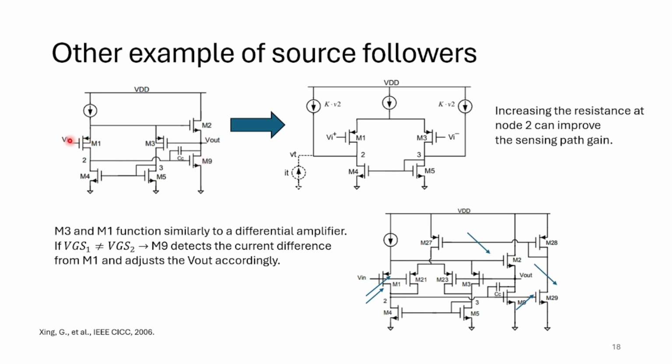If this goes down, it generates a current, and the current from here brings the output down, so the gate-source voltages always stay equal. In a paper in 2006, they explained how to make the feedback even more effective by introducing positive feedback to increase the impedance at node 2.